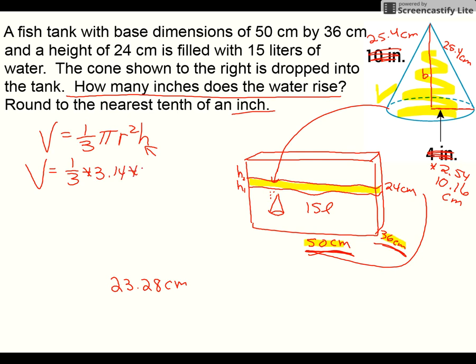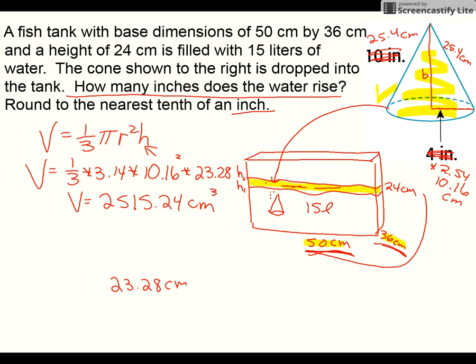The radius was 10.16, right? 10.16 squared times the height of 23.28. And I get a volume of 2,515.24 centimeters cubed.